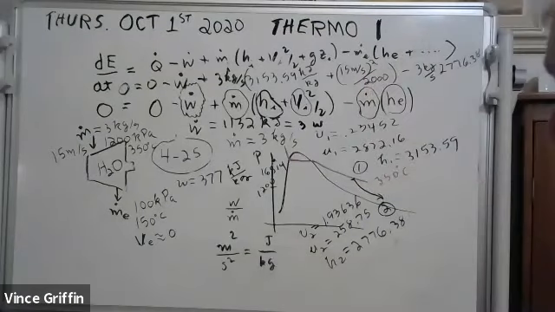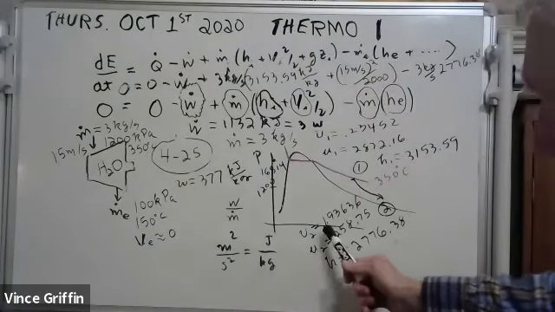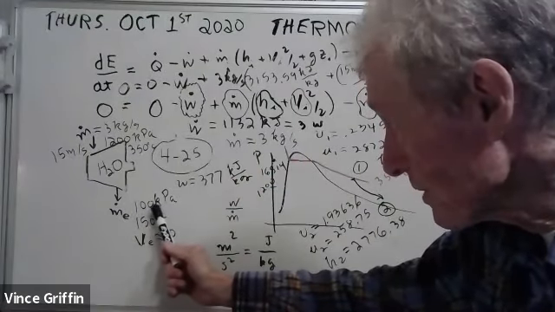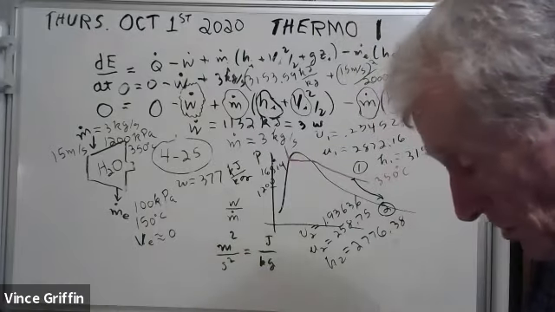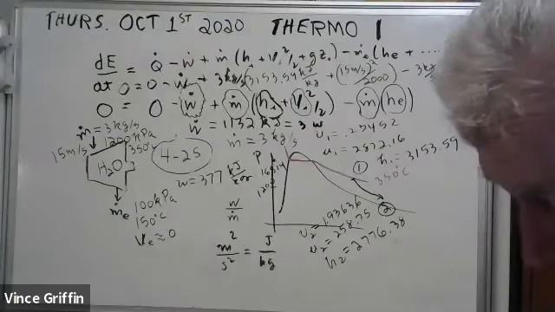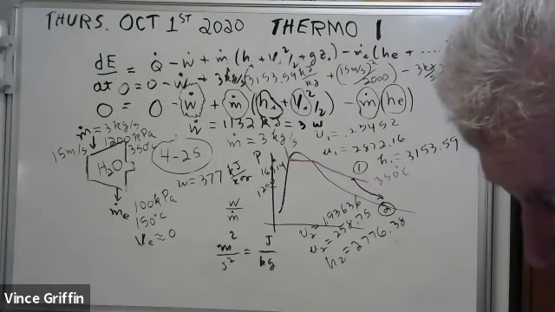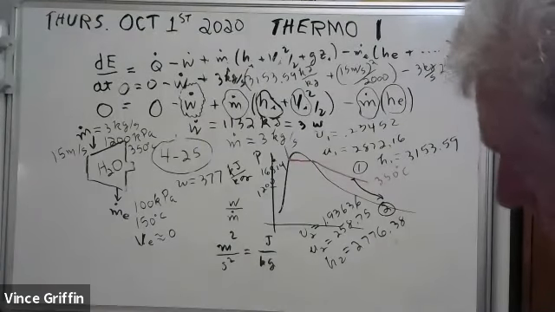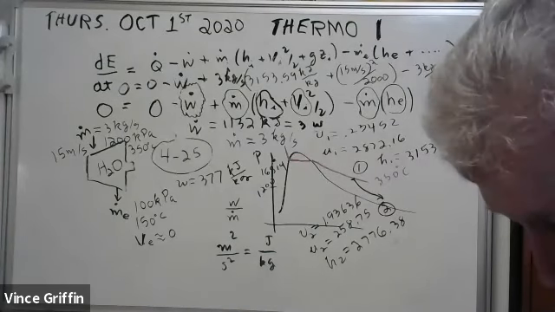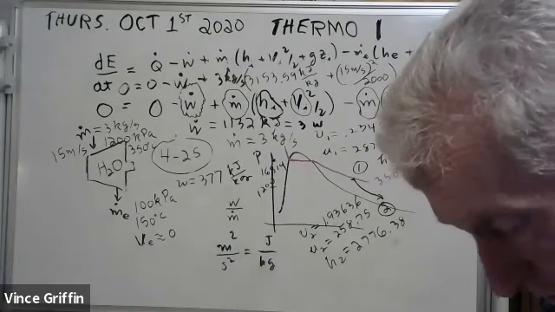Where did you get the V2, U2, and H2? Oh, thanks for asking. We're going to show you where we got that. They said the exiting pressure was 100 kilopascals. So, Alex, go shopping around in the superheated vapor water tables for 100 kilopascals.